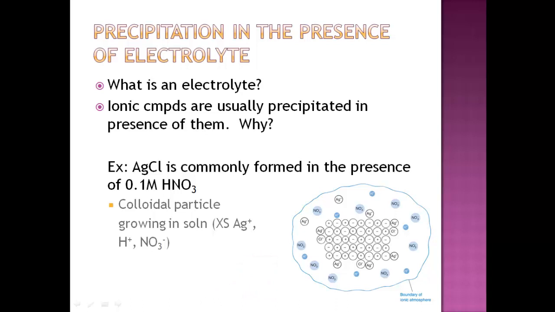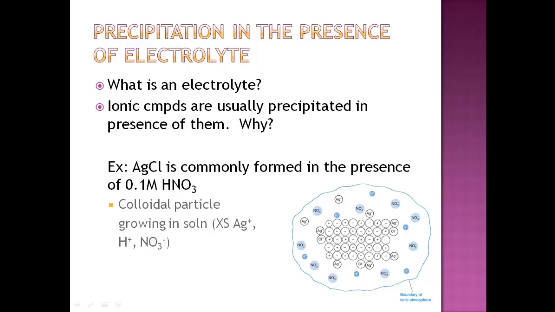In any event, to understand why ionic compounds usually precipitate in the presence of electrolytes, we have to consider how tiny crystals actually form into larger crystals. A good example of that is the picture that I'm showing you here. Again, it's a colloidal particle, and it's growing in solution that has excess silver ions, proton ions, and nitrate ions.